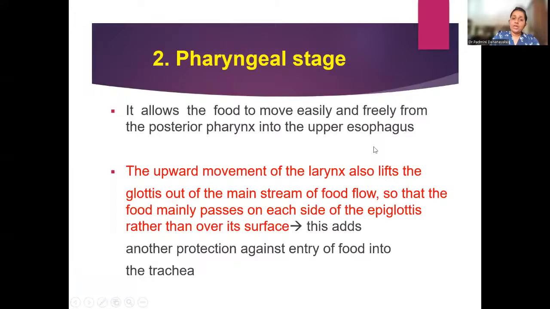Okay. Right. Now, I told you what will happen with all these effects. The food bolus will enter the esophagus protectively and very smoothly, because now we have closed all the three dangerous pathways, and we have already created a nice smooth pathway in the esophageal area.